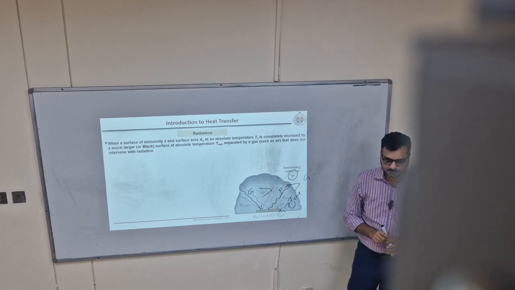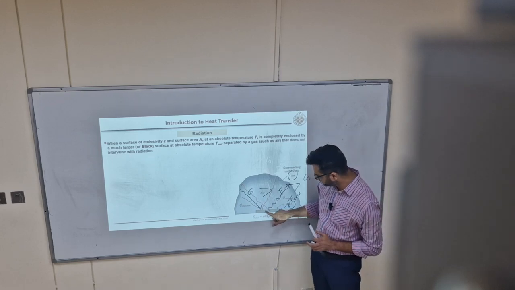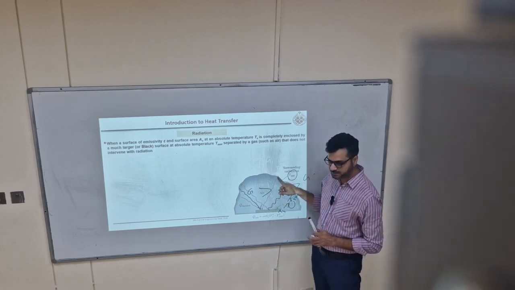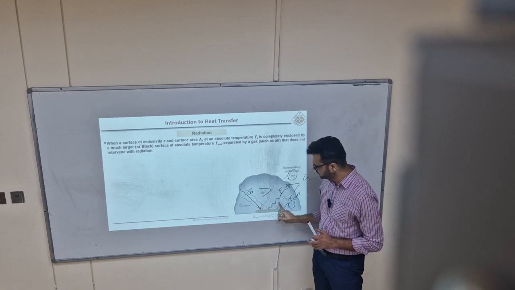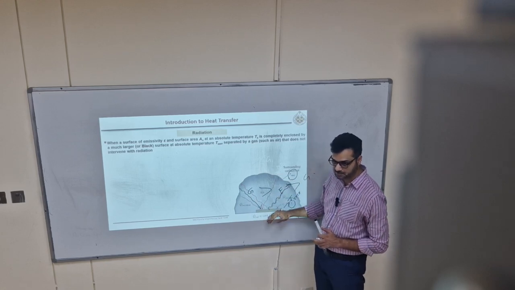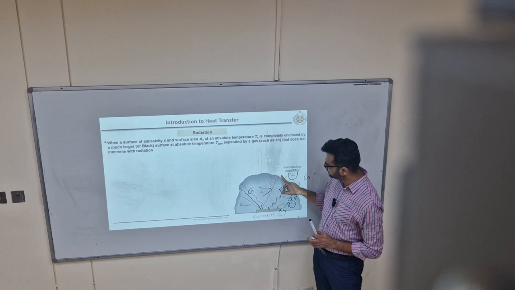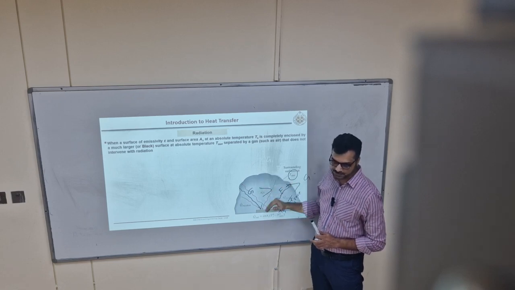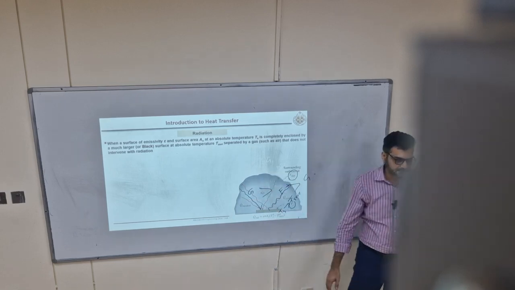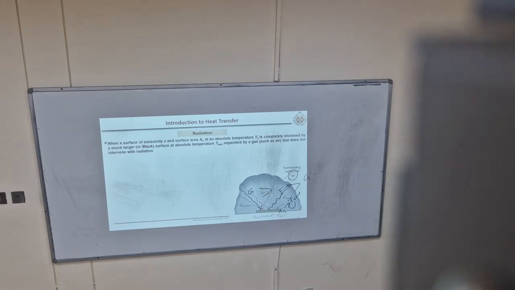Resistance. Convection. The heat transfer between this body and this body is by radiation, plus because there is air, it's by convection. Air is getting heated up and getting cooled down here. So air is also a heat transfer carrier, but not in the form of radiation. In air, it is by convection.